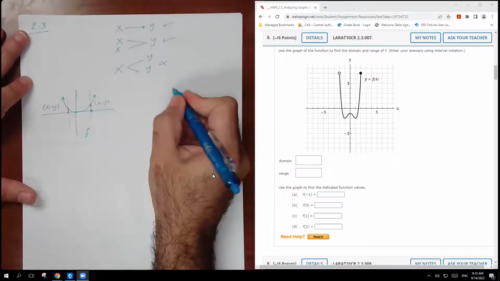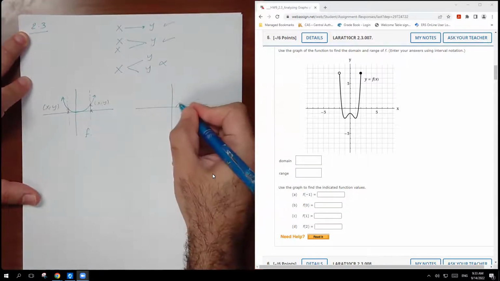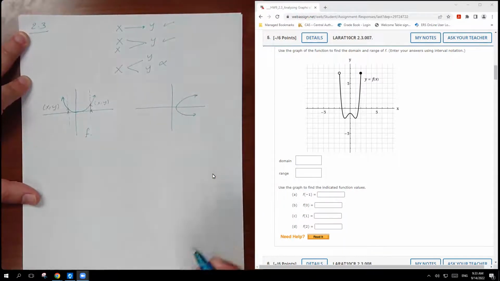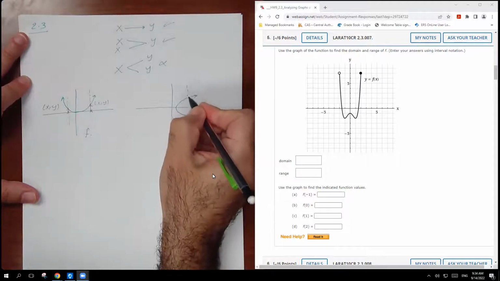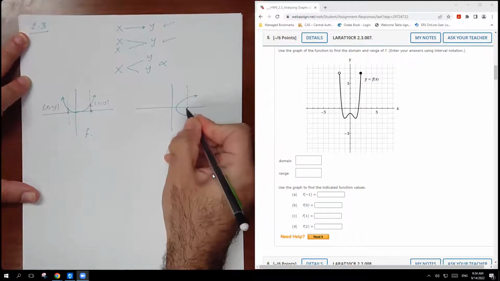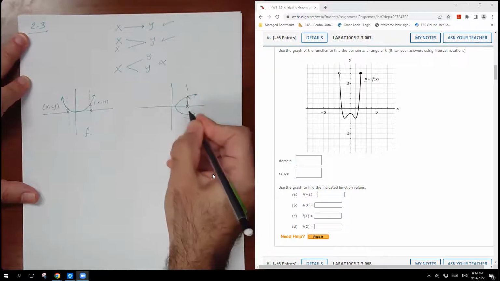Let's do another example. If you have this graph, now we have a graph. We can't test each point, but we can use a vertical line test. So if I draw a vertical line test here, I'm going to find this x going to this y and going to this y.